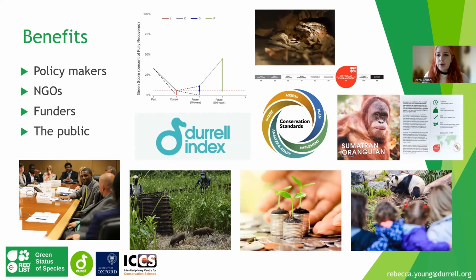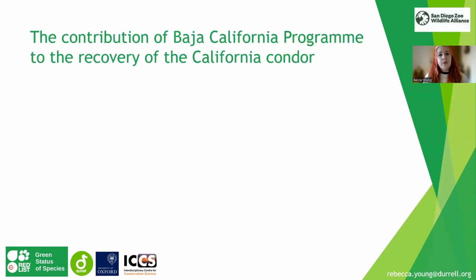So I'm going to go through a couple of examples that I've worked on with some of my colleagues and think about how we might be able to integrate the conservation standards. First, an example of one of the programmes: this is looking at the contribution of a specific reintroduction programme in Baja California to the recovery of the California condor.